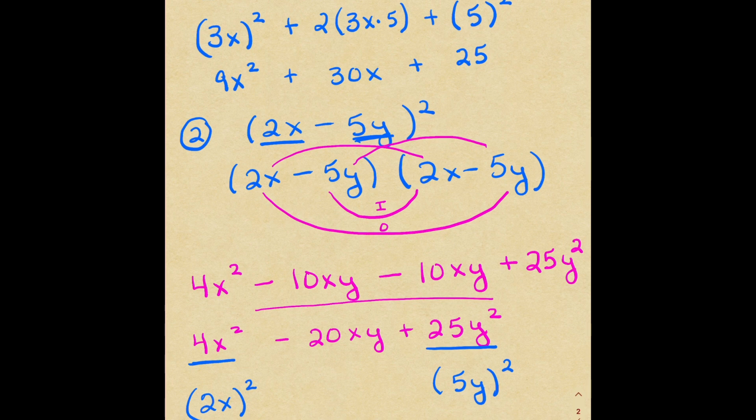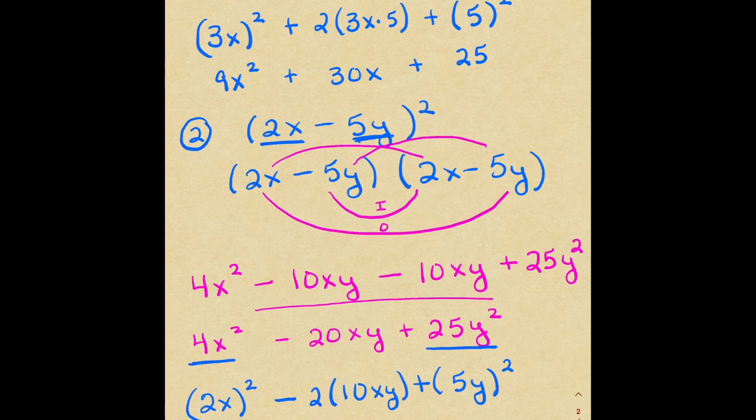And then the outer and the inner, being exactly the same, are going to be both negative, minus 2 times our outer and inner, which are just the two terms multiplied together. So we have 2x and 5y, so we have the 10xy.